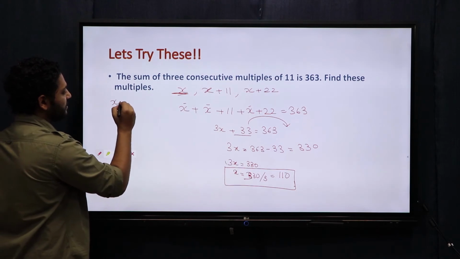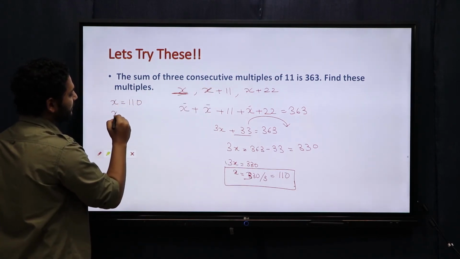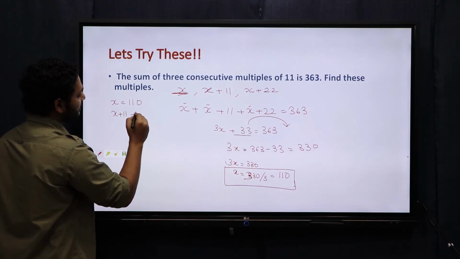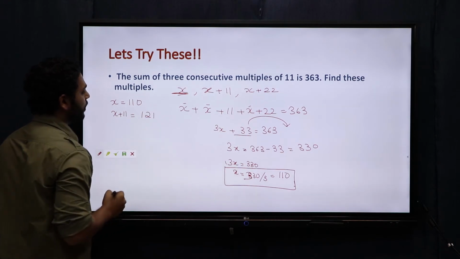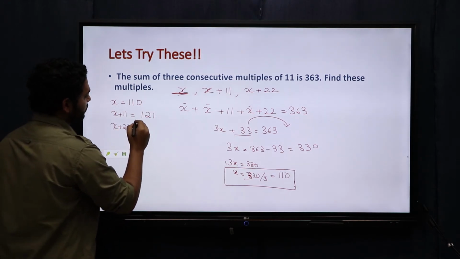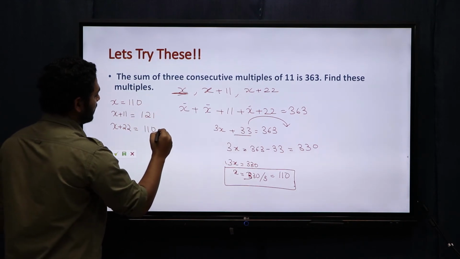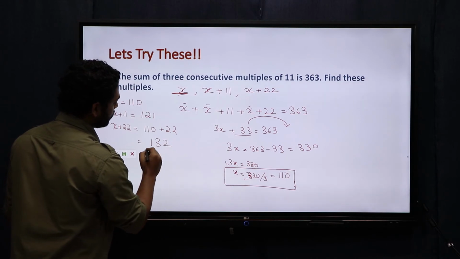So if x is 110, the immediate next multiple of 11, that is x plus 11, is 110 plus 11, that will be 121, and the third one, x plus 22, will be 110 plus 22, which is 132.